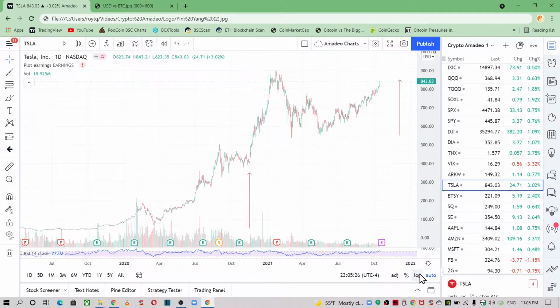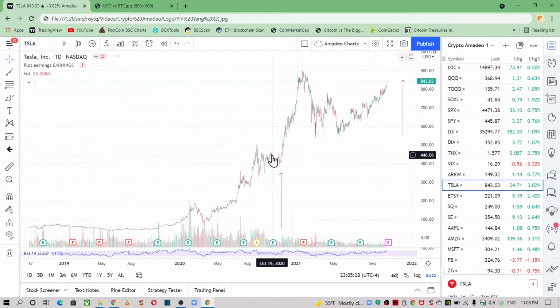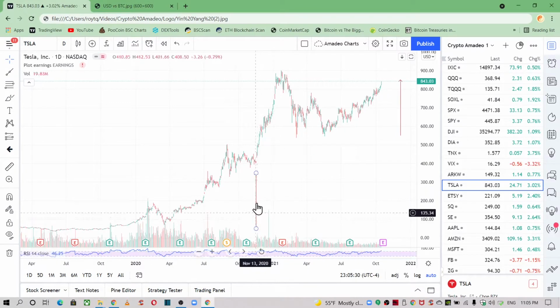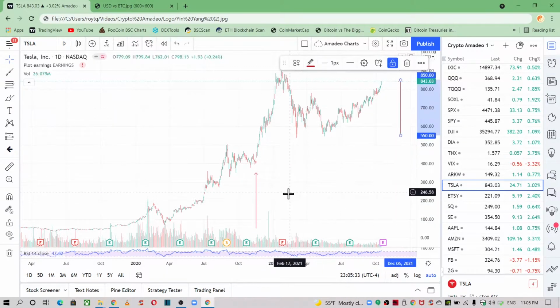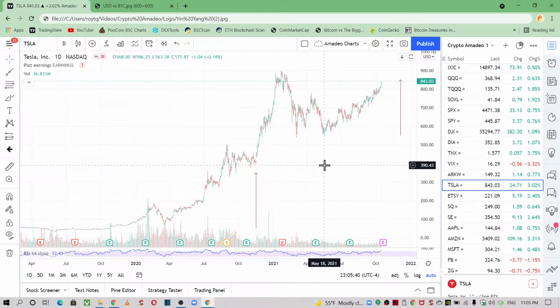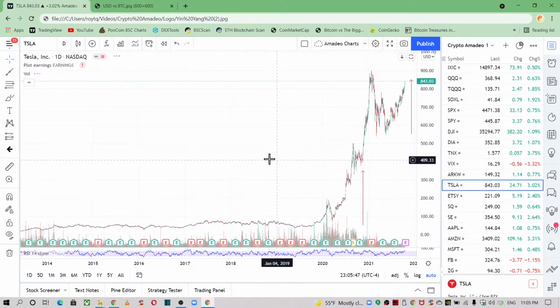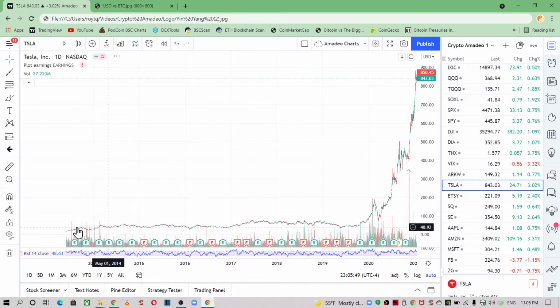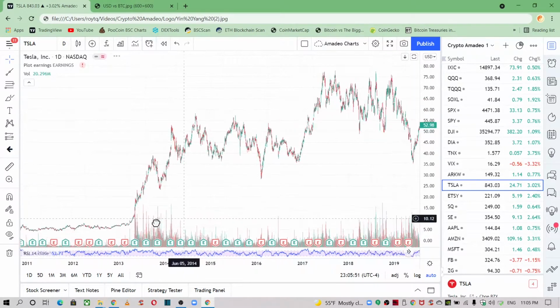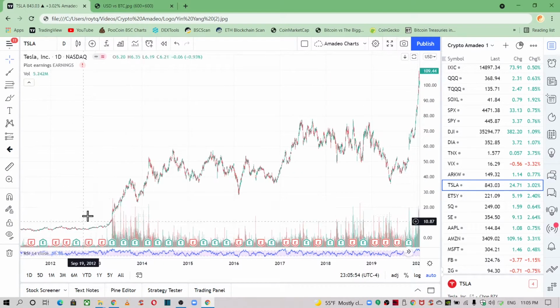So if I take this off log, the chart is going to represent both of these $300 moves with the same vertical magnitude, which doesn't really help you interpret the power of the moves, historically speaking. And if you zoom out a little bit, all this stuff down here becomes really hard to analyze when you're not on log, because they represent a very small absolute price change.